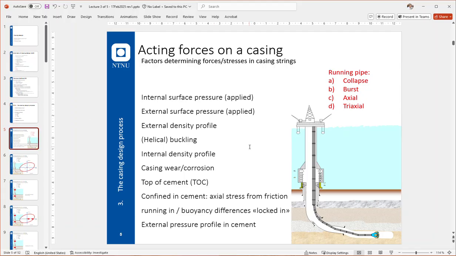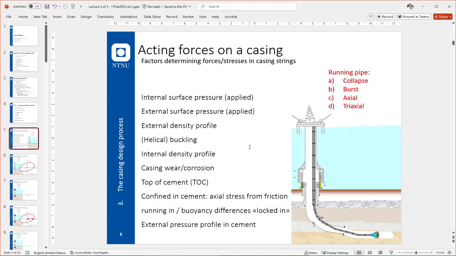A list here, internal surface pressure, that's typically what we apply. It could be either operational things like when we are circulating, it could be when we are pressure testing, it could be, for example, cementing. And the same goes for external surface pressures. It could be different scenarios that we're doing.